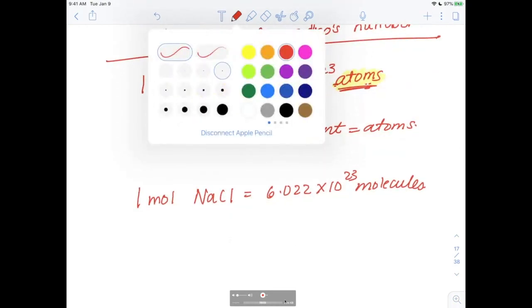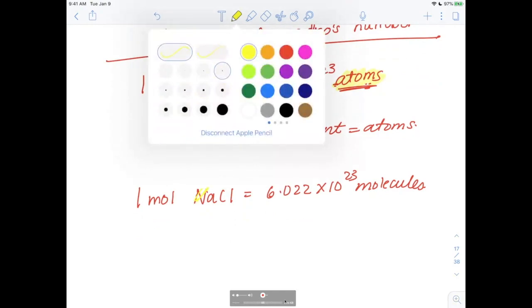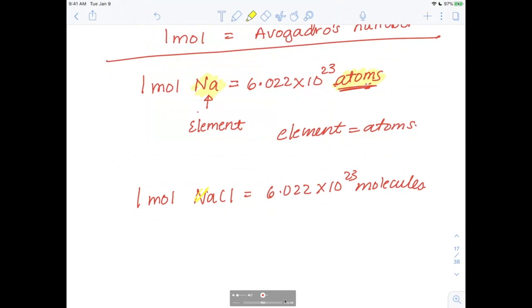Since the type of formula I have here is actually a compound, not an element, even though the numbers are not different, the word I use here has to be molecules because the building blocks of compounds are molecules.